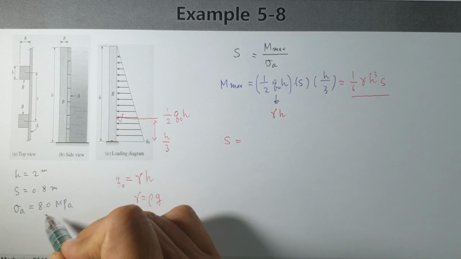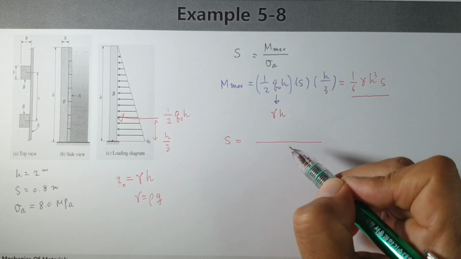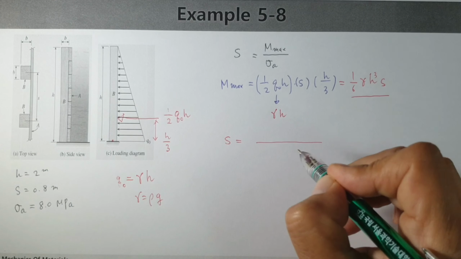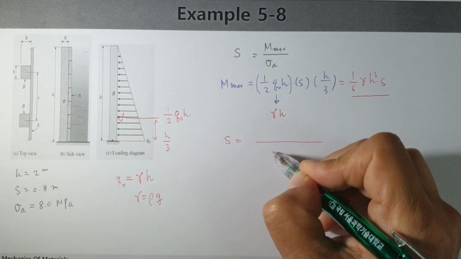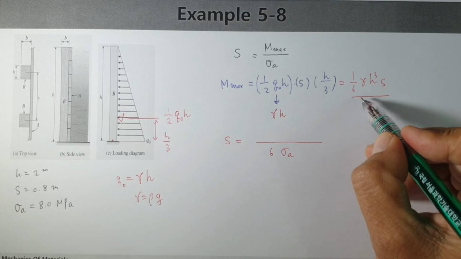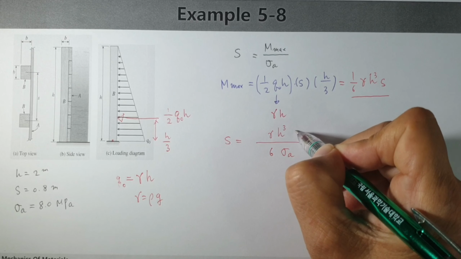Sigma A is given like this one, 8 megapascal, or sigma A and gamma H³S.